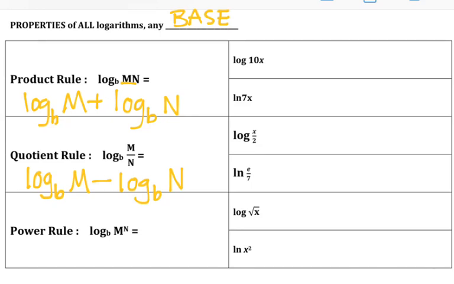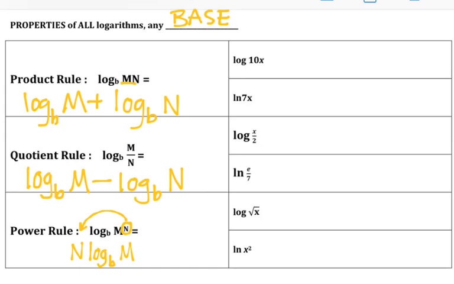If it has a power, which is what you see in the box right below that, what you're going to do is take the exponent, that n that's in here, and move it out to the front. So you're going to have n times the log base b of m.